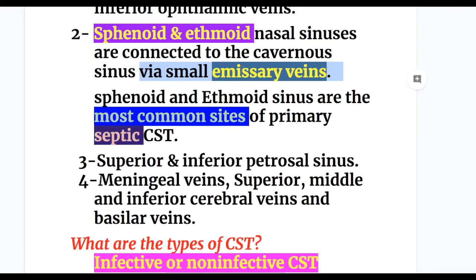So emissary veins connect the sphenoid and ethmoid nasal sinuses to the cavernous sinus. Sphenoid and ethmoid sinuses are the most common site of primary septic CST. Number 4, they are connected to the meningeal veins, superior, middle and inferior cerebral veins, and basilar veins.